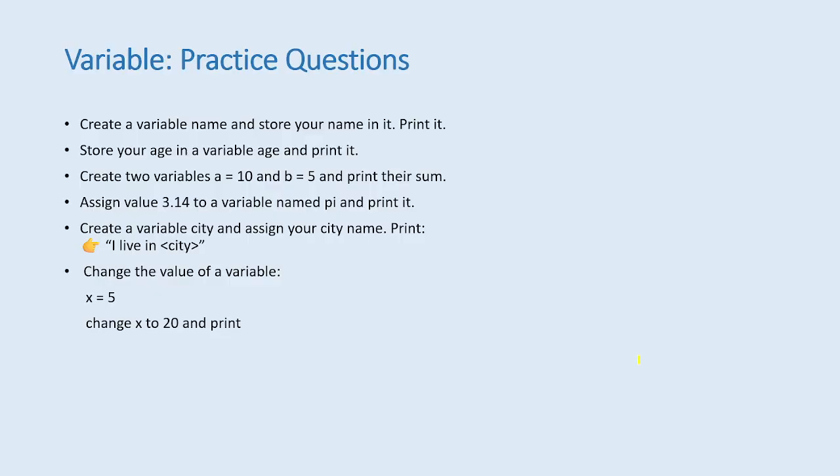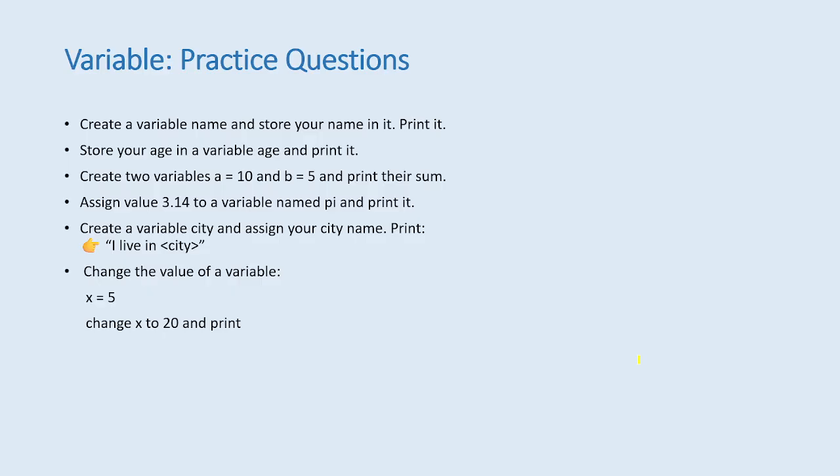Now it's practice time. Let us practice some questions on variables. Create a variable name and store your name in it and print it. Second, store your age in a variable age and print it. Create two variables, a equal to 10 and b equal to 5, and print their sum. Assign the value 3.14 to a variable pi and print it.